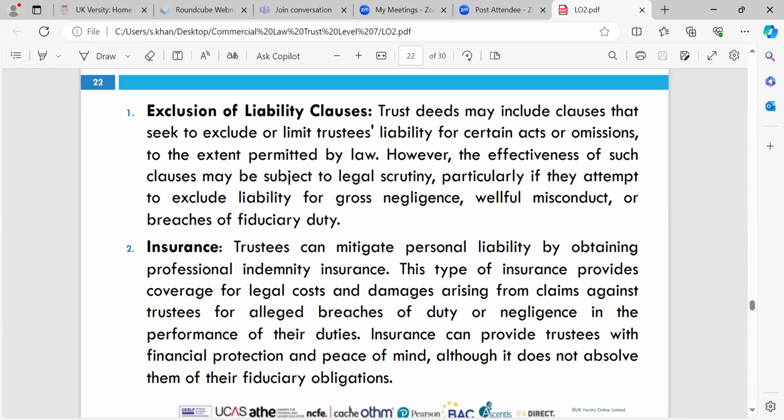Insurance can provide trustees with financial protection and peace of mind if anything were to happen, although it does not absolve them of their fiduciary duties, because fiduciary duty is a legal duty that they must follow. They have liabilities and duties for any sort of acts or omissions or any losses. They must follow them, and that's a legal requirement.